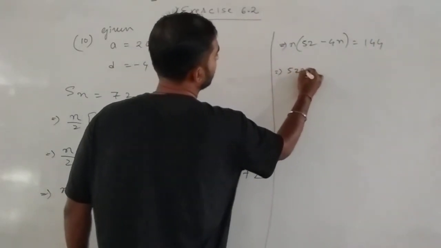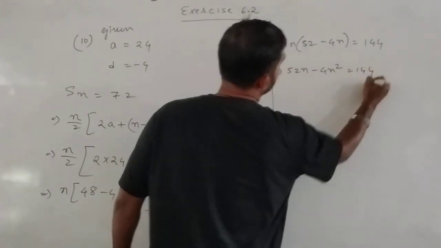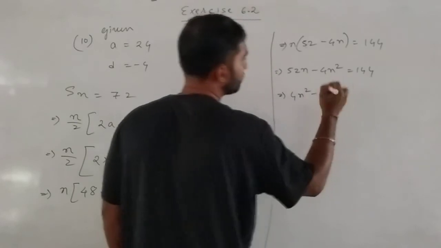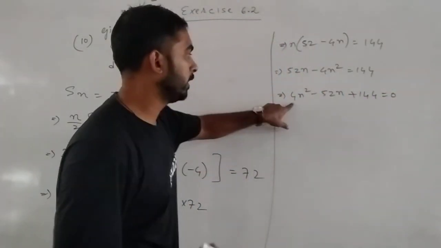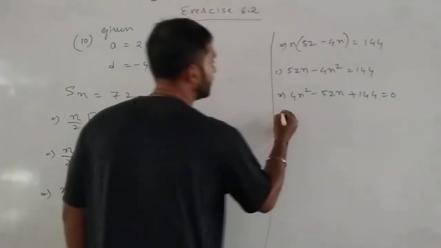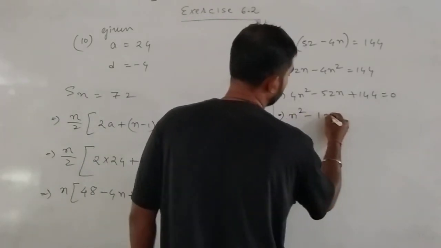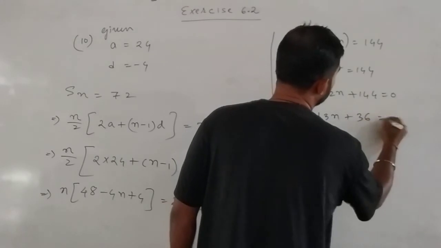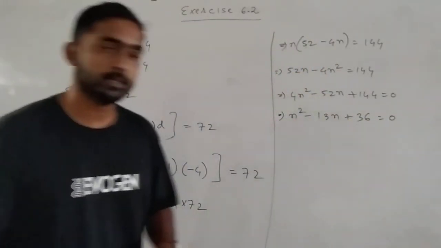So 52n minus 4n square equal 144, which implies 4n square minus 52n plus 144 equal to 0. Now here 4n square, 52n and 144 are all divisible by 4. So divide them by 4. So this one n square, this one 13n, plus this one, 4 3s are 12, 4 9s are 36. So the equation is n square minus 13n plus 36 equal to 0.